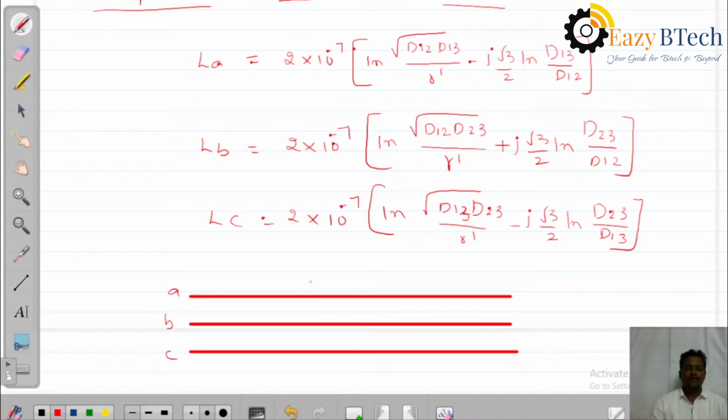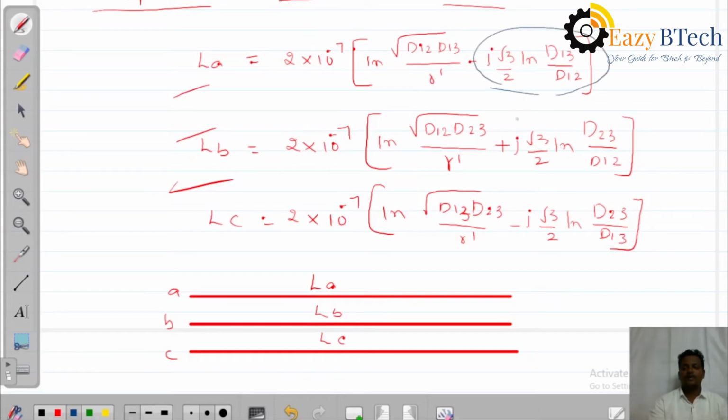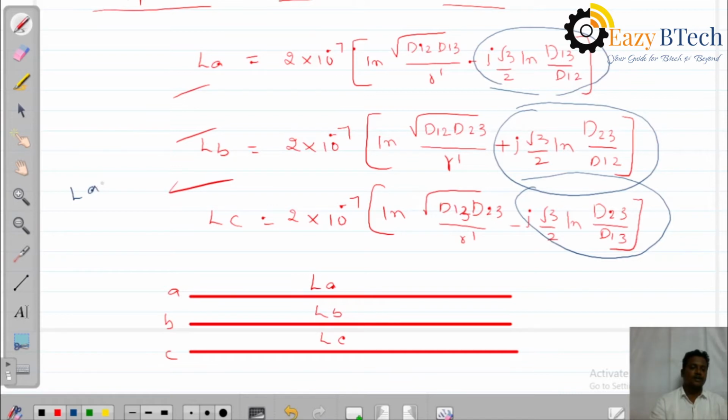Therefore LA, LB, LC can be calculated using those formulas. What you understand from these formulas is that the solutions have imaginary terms, and the conclusion is LA is not equal to LB is not equal to LC. The inductances are not the same.